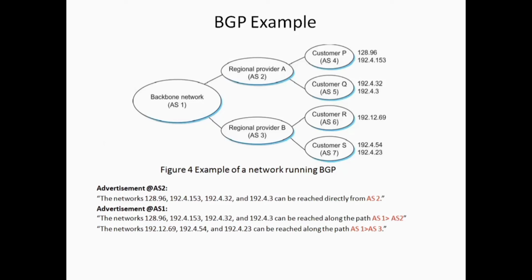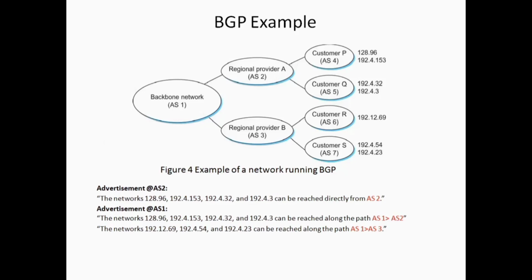A BGP speaker for the AS of provider A, that is AS2, would be able to advertise reachability information for each of the network numbers assigned to customers P and Q. Please see figure 4.